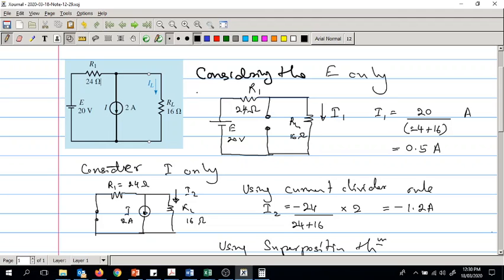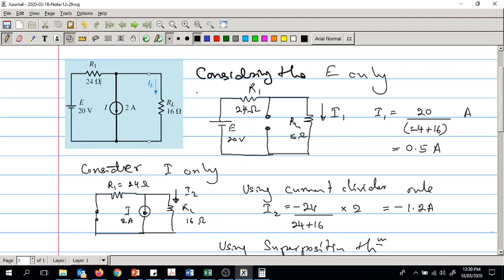If you want to find only one parameter, maybe a voltage or a current of a particular device or branch, in that case you don't have to use mesh analysis, nodal analysis, branch current analysis and things like that, which are complex processes.